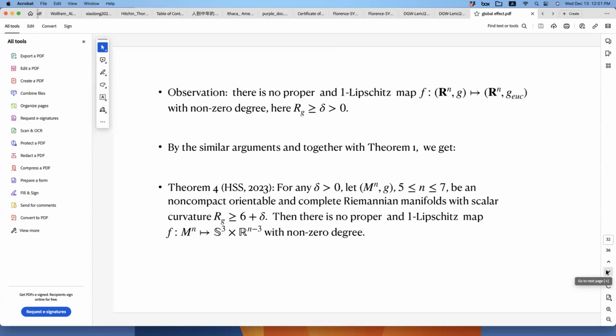Now, by a similar argument, together with our Theorem 1, that is the Llarull type theorem for the compact case, we get the following result.